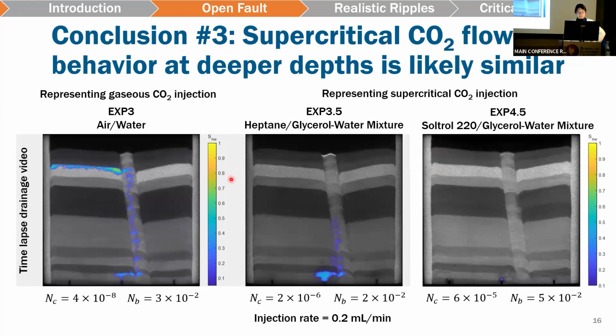For heptane injection, we can observe that initially the flow pattern is almost exactly the same as air injection. However, because the injection time period for heptane is much longer than for air injection, eventually we do see this breakthrough to the top of the fault, and you start to see some backfilling.